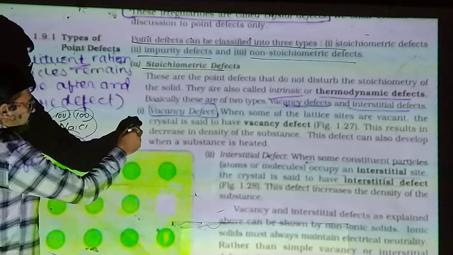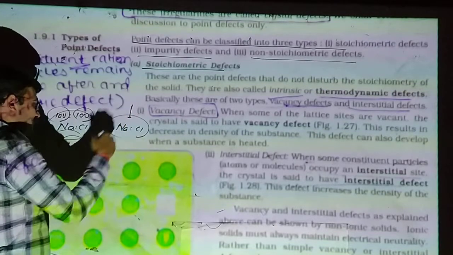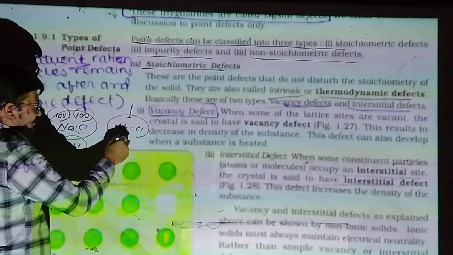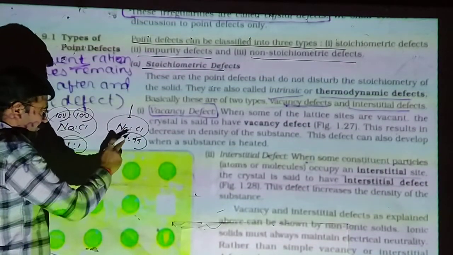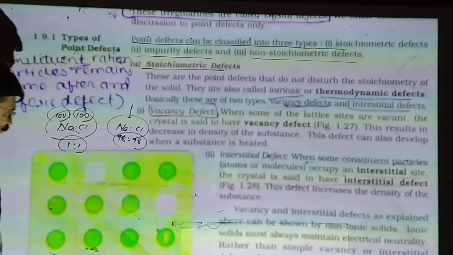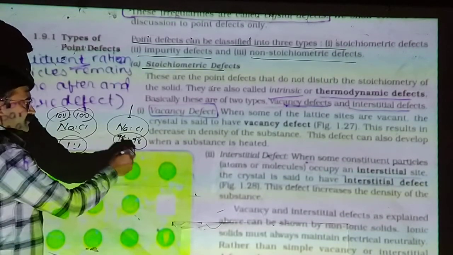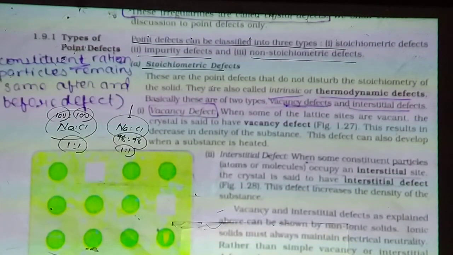By any method we are removing, or naturally some sodium and some chloride is missing. Suppose 2 sodium and 2 chlorine are removed from the crystal from their original positions. So the stoichiometry remains the same. So this type of defect is called stoichiometric.